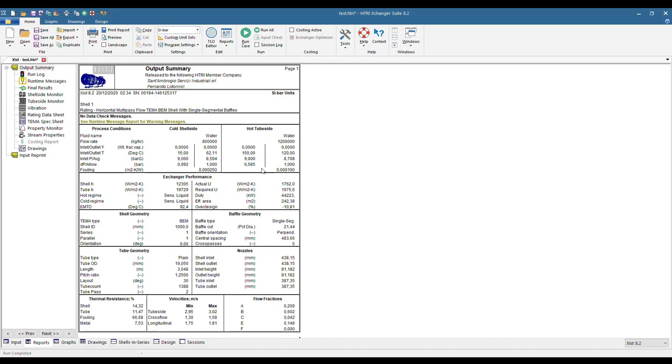go to 4 tube passes would mean to multiply the pressure drop by 8, because generally speaking, when the motion of the fluid on the tube side is turbulent, the pressure drop is proportional to the square of the velocity, and therefore just to change from 2 to 4 tube passes would mean to multiply by 4 the pressure drop, and then you multiply by 2 also the length, so it's 8 times.